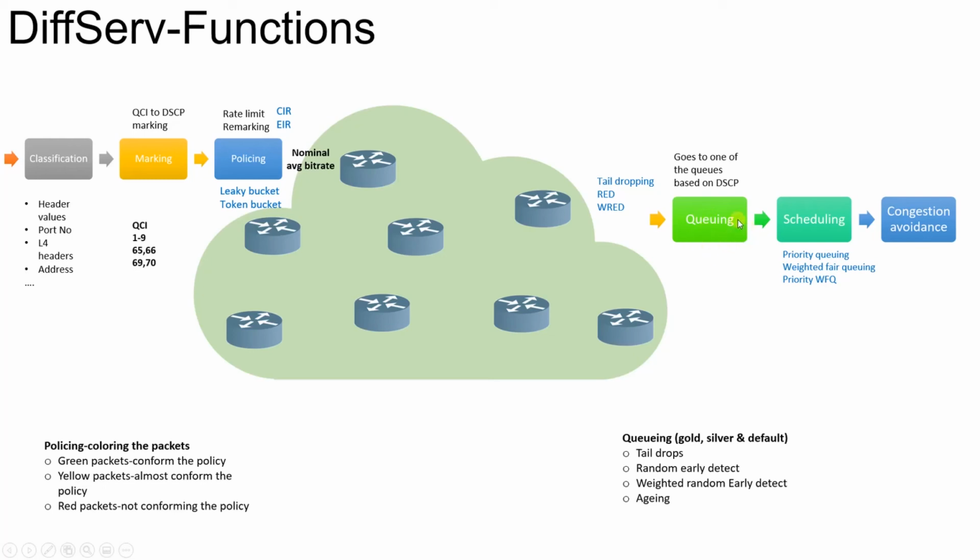Then you have to vacate the queues using 3 different algorithms: priority queuing, weighted fair queuing, and priority weighted fair queuing. You have to specify which of these 3 you are going to use. And then finally, we have to specify the congestion avoidance notifications also. So these are all the things that should be there in your QoS script.